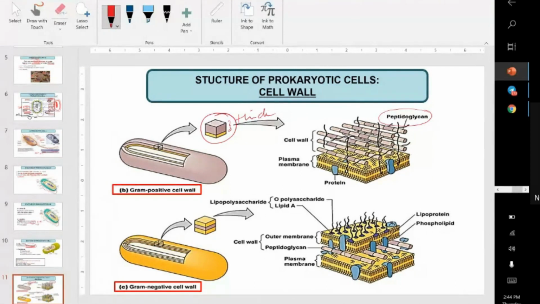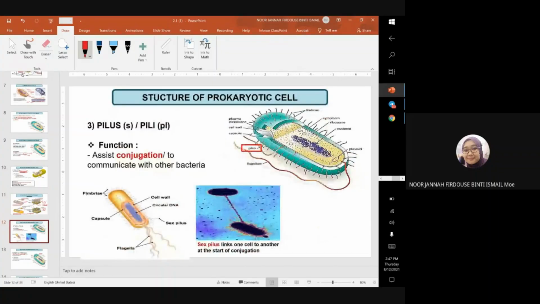While in the gram-negative cell wall, the peptidoglycan is a thin layer, and it is entrapped in between the outer membrane.